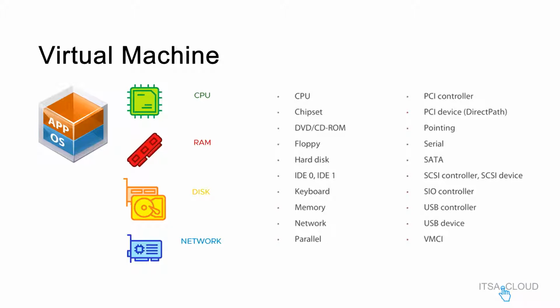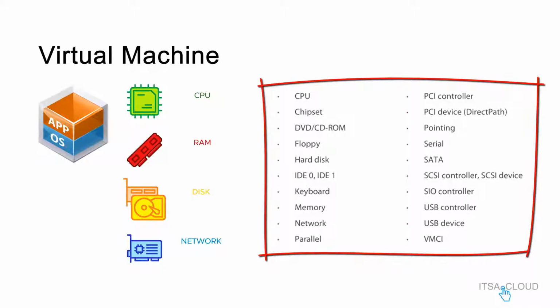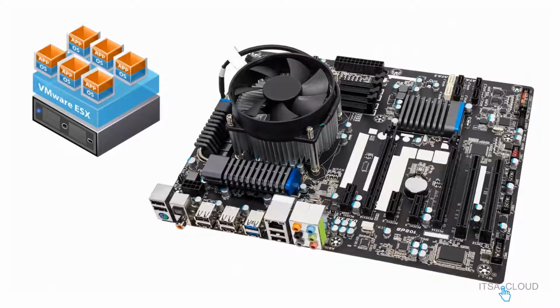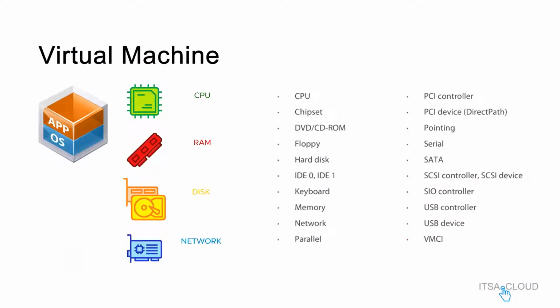So as you can see, all these components are exactly the same as the components that you can have in a physical computer. So it's not like I'm repeating myself. I just want you to be clear about it.